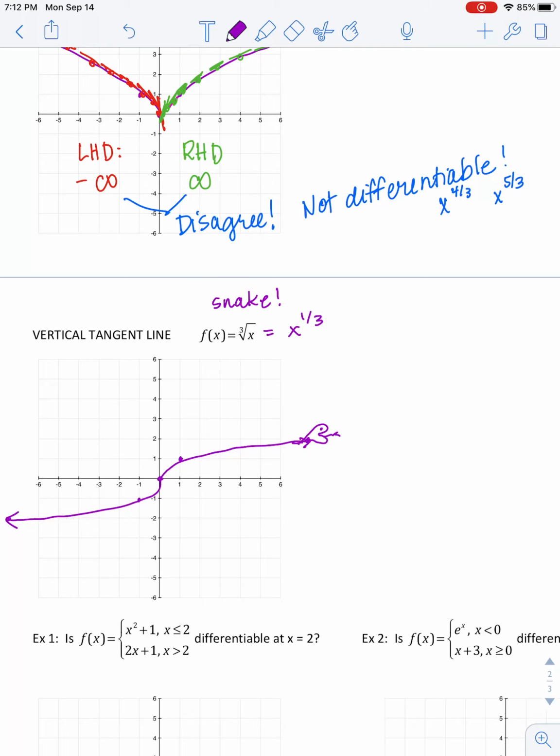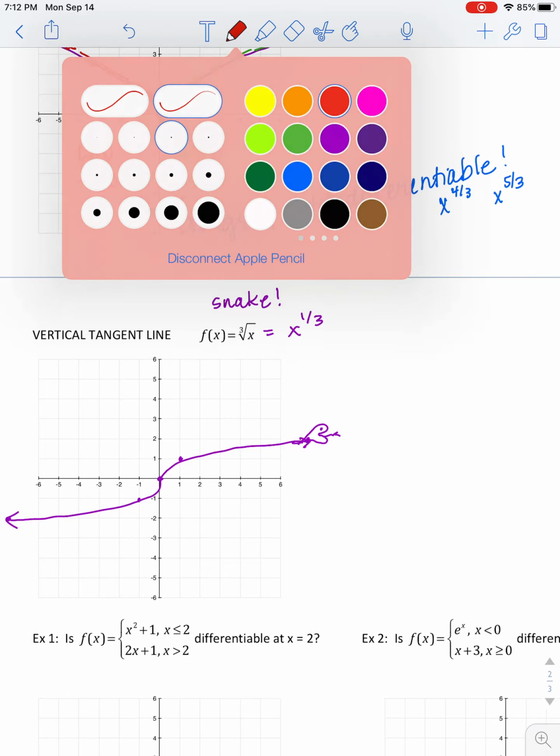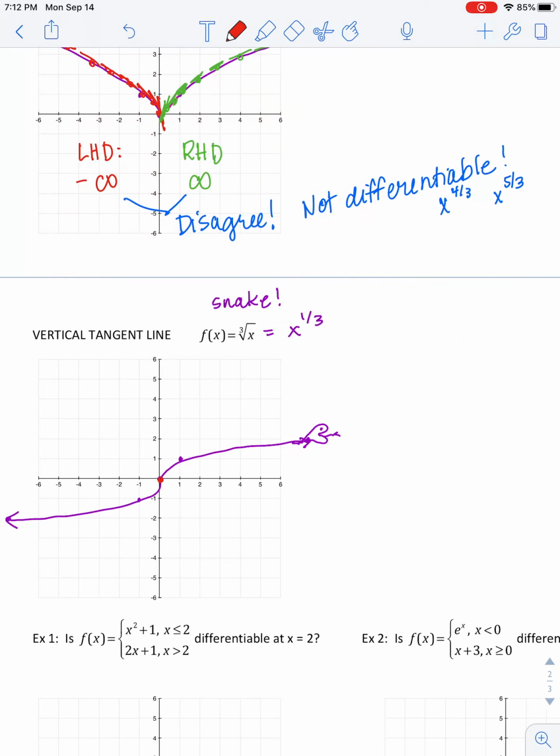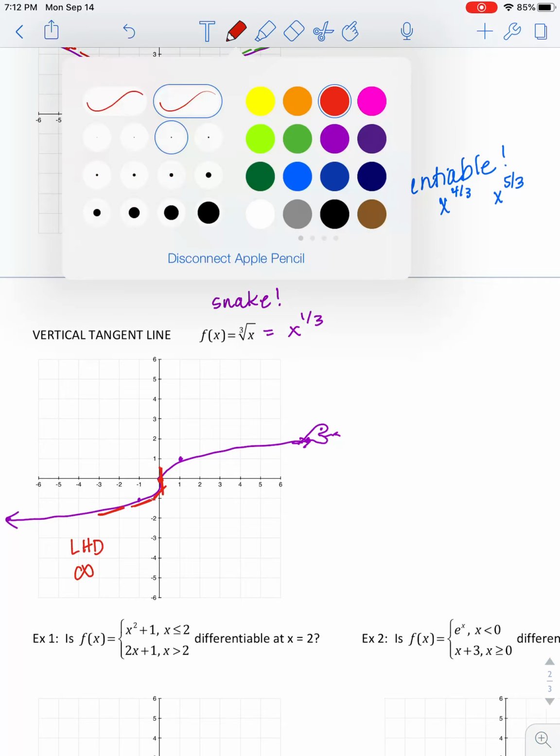In any case, with this slithery snake, if I think about those tangent lines like I did on the last example, as I approach the origin, this is where the vertical tangent line exists. All of these slopes on the left-hand side approach infinity.